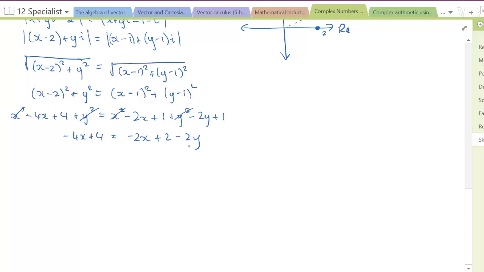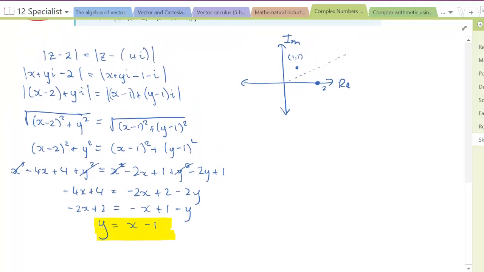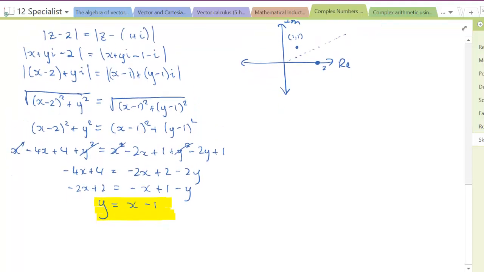If we rearrange this to isolate y, first of all we can see that everything's divisible by 2, so we've got negative 2x plus 2 equals negative x plus 1 minus y. Now if we add y, add 2x and subtract 2, we get y is equal to x minus 1. Now we've got a linear function that represents the initial condition. So this represents all of the points in that subset where the distance to 2 is equivalent to the distance to 1 plus i.